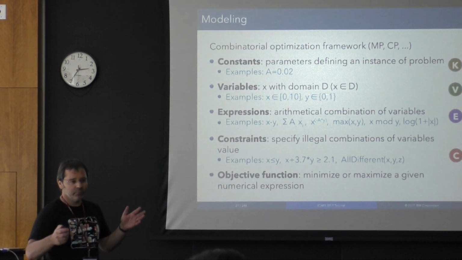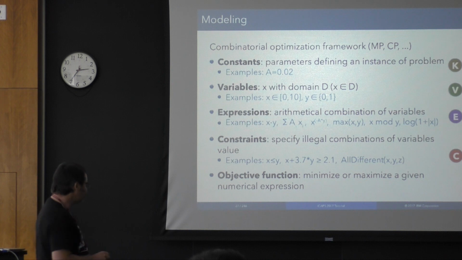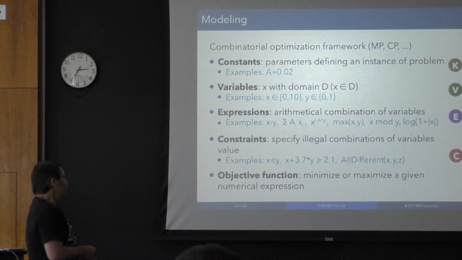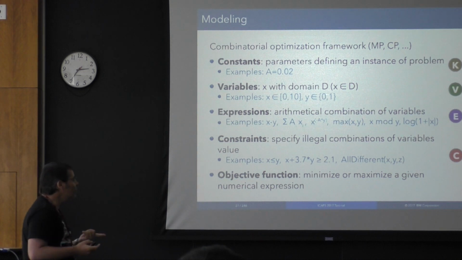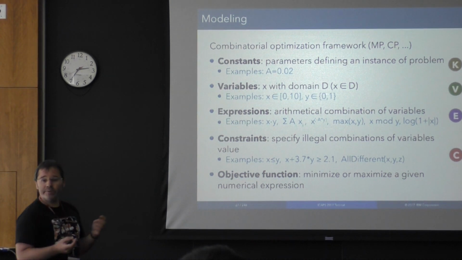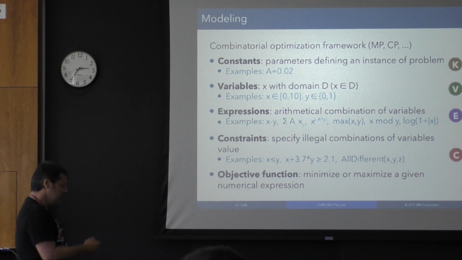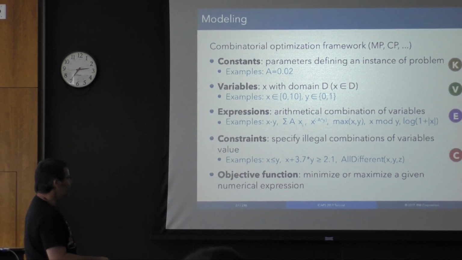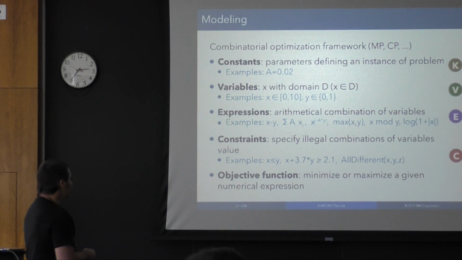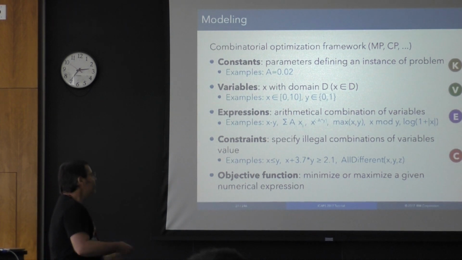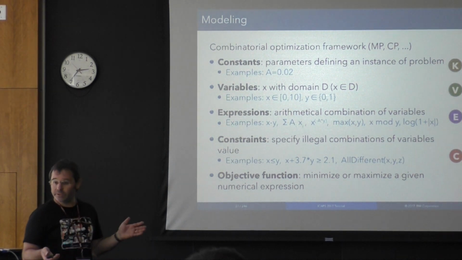Well, almost everything you can think of. Then you have constraints. Constraints allow you to specify some illegal combinations of variables. So x less than y, or in CP, allDifferent(x, y, z). And then you have an objective function, which is to minimize or maximize a given numerical expression.